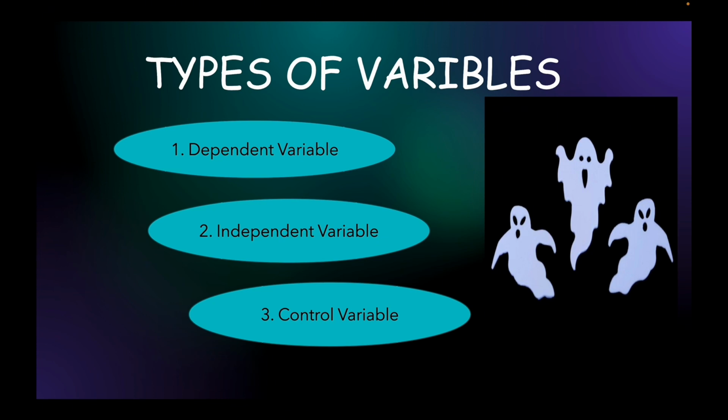And I'm sure you know the meaning of all 3 of them. So dependent variable was something that we tried to measure in an experiment. Independent variable was the one factor that we change in an experimental setup. And control variables are the factors that remain same throughout the experiment.